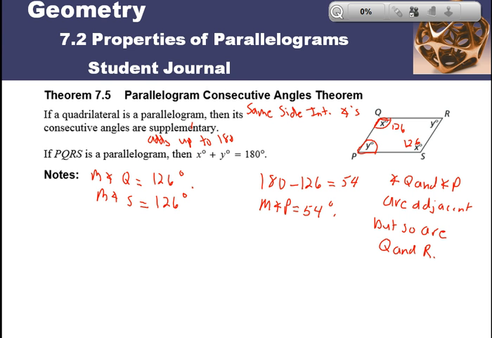Again, it would be 180 minus 126. But don't forget that P and R are opposite. So this angle here and this angle here are opposite each other. So those two angles would also be equal. So that means that the measure of angle R would also be 54. Okay, so I'm going to give you a second.